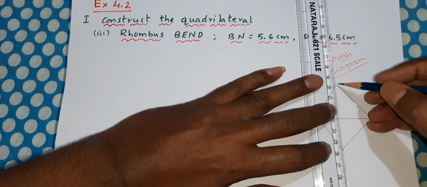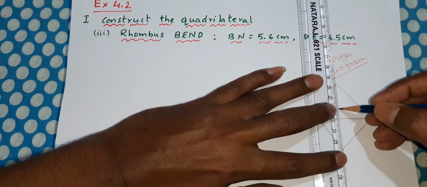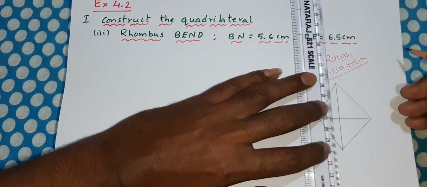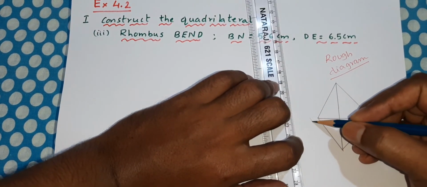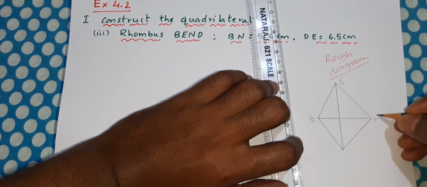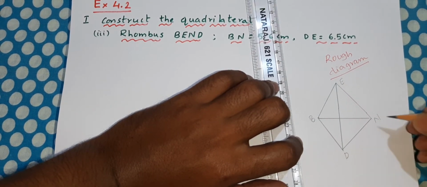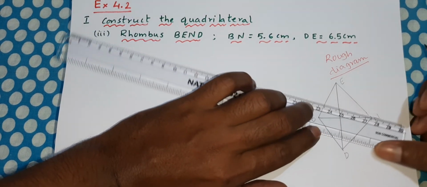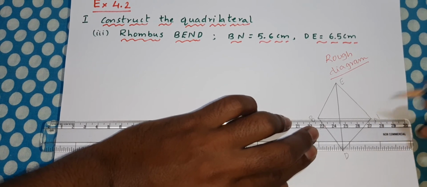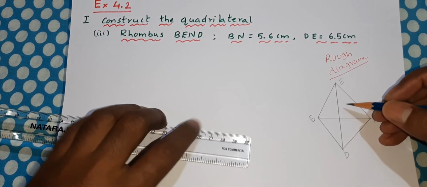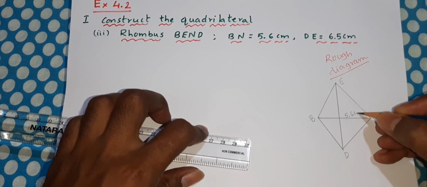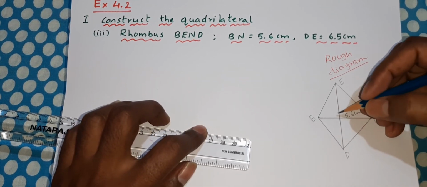Draw the diagonals. This is the rhombus BEND. Now the given BN is 5.6 centimeter and this is 6.5 centimeter.